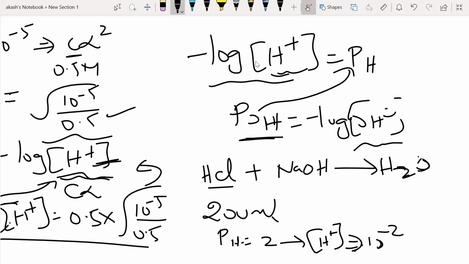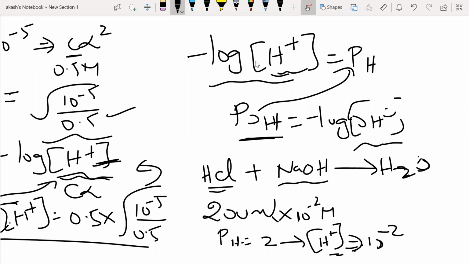So I have 200 ml of 10 to the power minus 2 M solution of HCl. That's what you understand from this. Because it is a strong acid, whatever the concentration of H plus is, that will be the concentration of the acid. No worries. Again, NaOH is a strong base, so whatever is the concentration of OH minus, that would be the concentration of NaOH also.